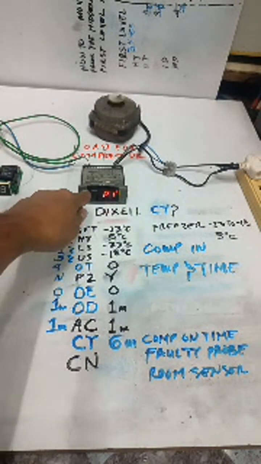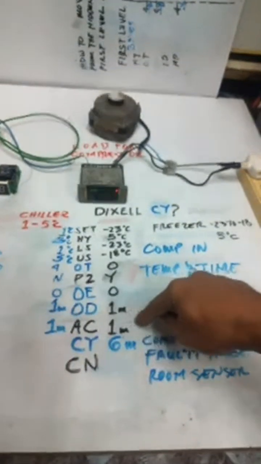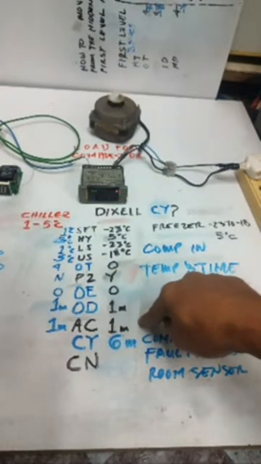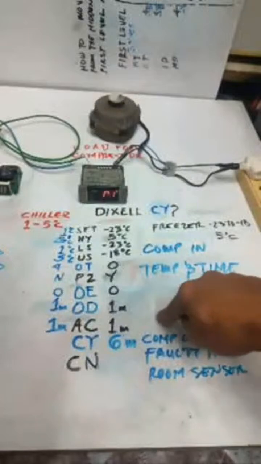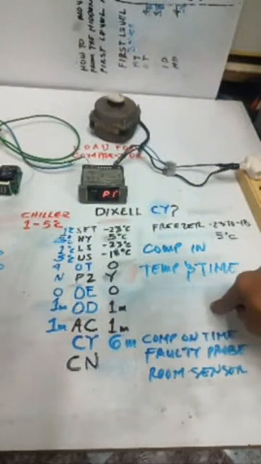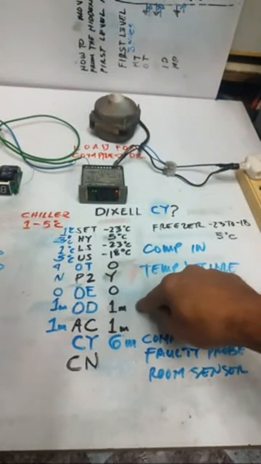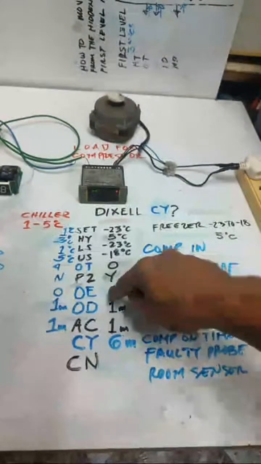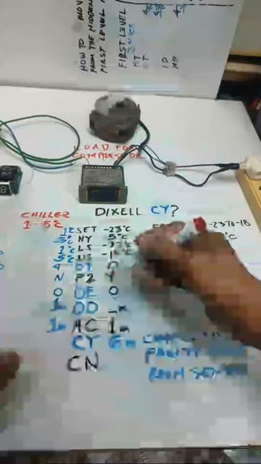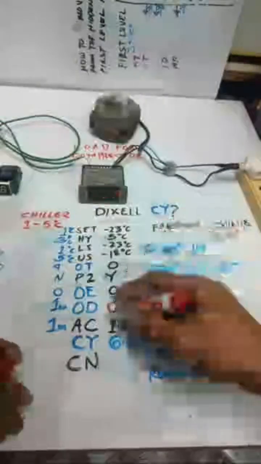There, it engaged, but my anti-short cycle is not engaged, so maybe some parameter is needed in order for this to be activated, because my OD is set to 0, so the delay is 0, therefore this will not take charge.